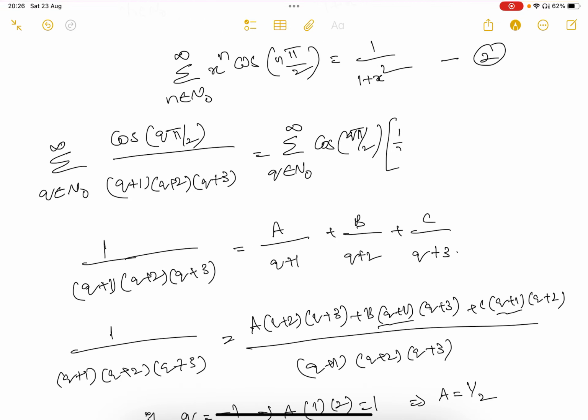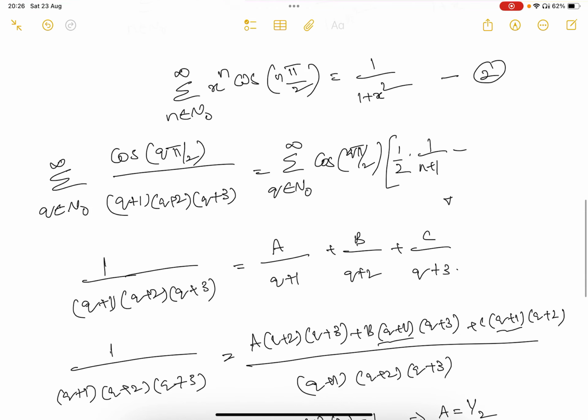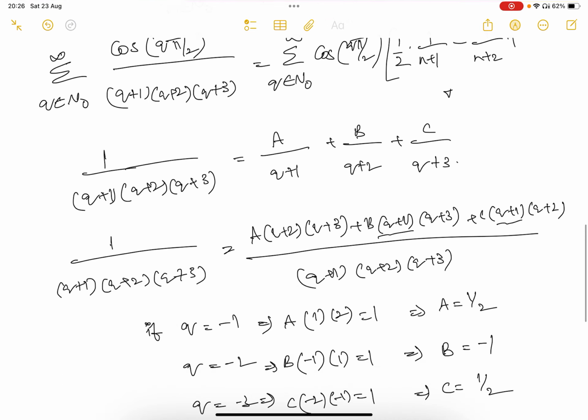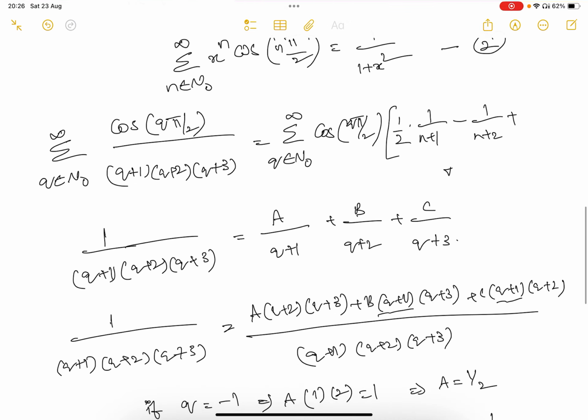This is 1 by 2 into 1 by n plus 1, or q plus 1, or whatever you feel like. Similarly, in the b case, b equal to minus 1, so minus 1 by n plus 2, plus c is 1 by 2, 1 by 2 into 1 by n plus 3.